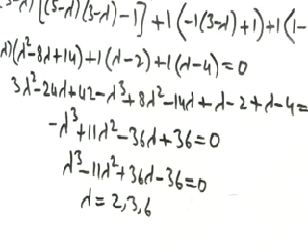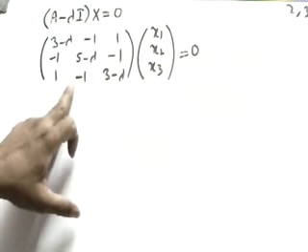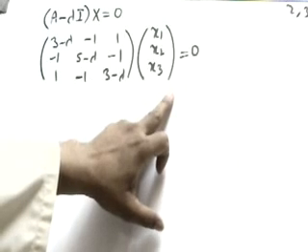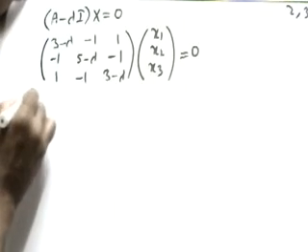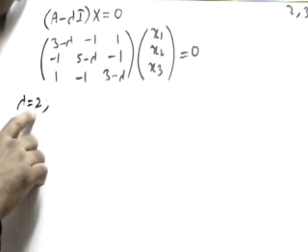Now let me find the eigenvectors. To find the vectors we use A minus lambda into x equals 0. A minus lambda, I already wrote this one, into x, which is x1 x2 x3, equals 0. First let me take lambda equals 2. We have three values, lambda equals 2, 3, 6, one after another.